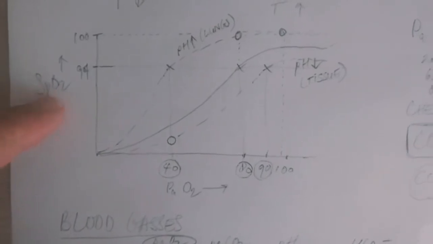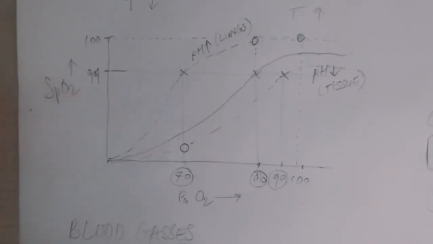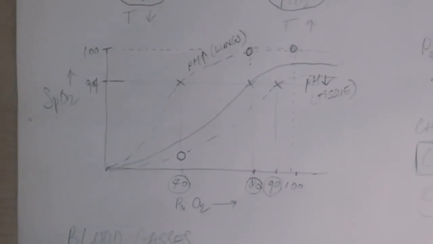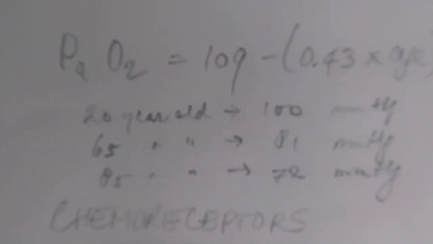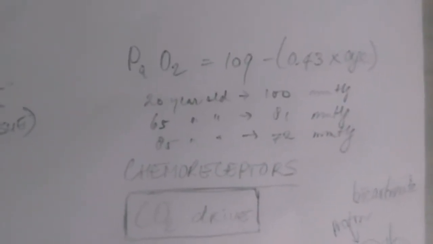Everyone is familiar with oxygen saturations, and normal oxygen saturations are between 94 and 98. There's a little formula, not that anyone seems to be using it, for the PaO2, the arterial blood gas of oxygen, and that is 109 minus 0.43 multiplied by age.